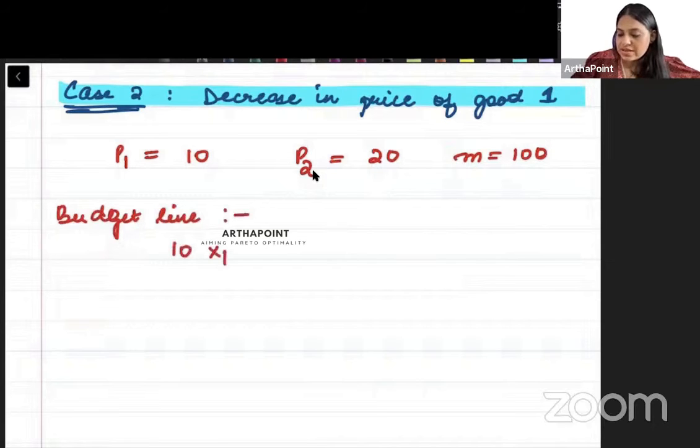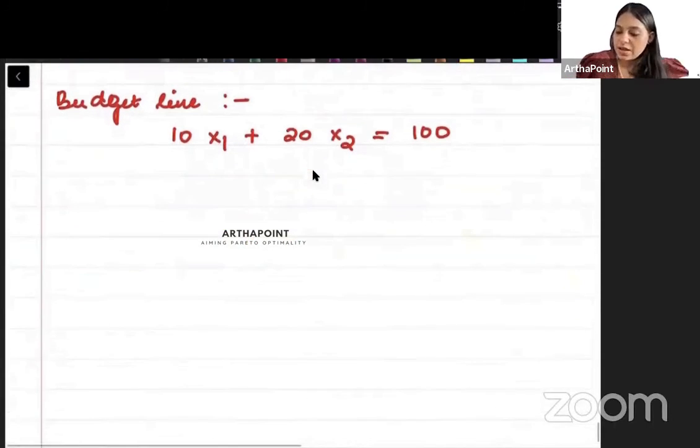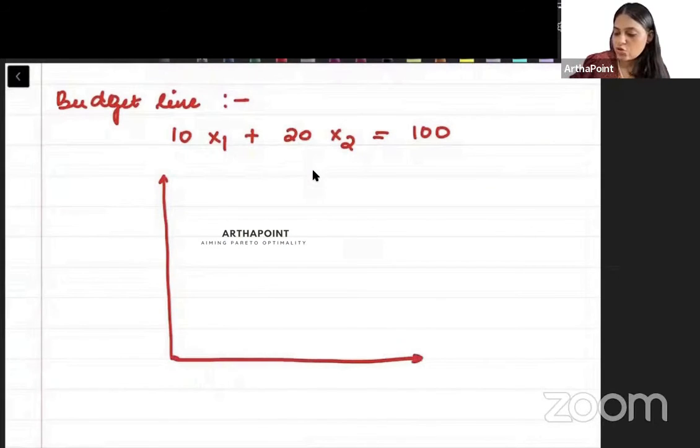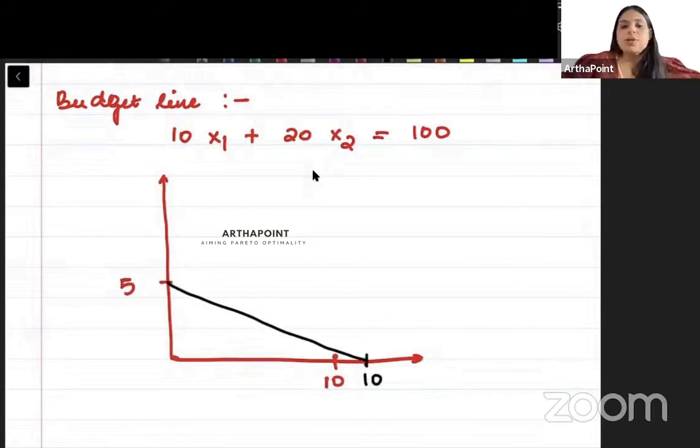P1 X1 plus P2 X2 is equal to income of consumer. Okay? So we have just plotted this. Here you will have 10, here you will have 5, and when you join this, this is your budget line.